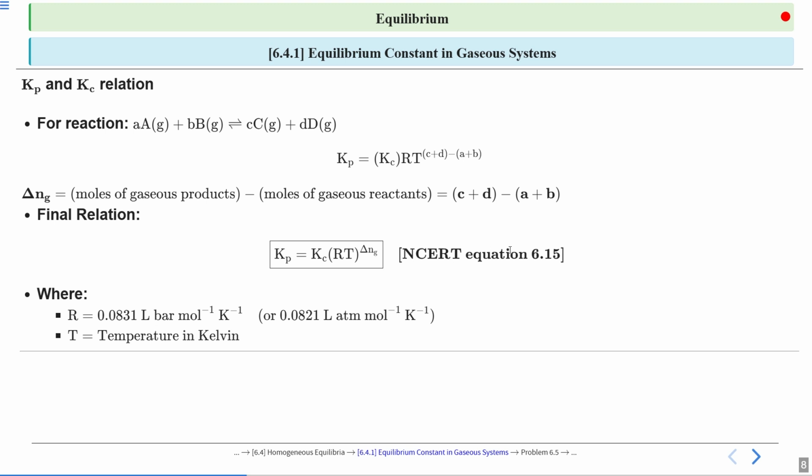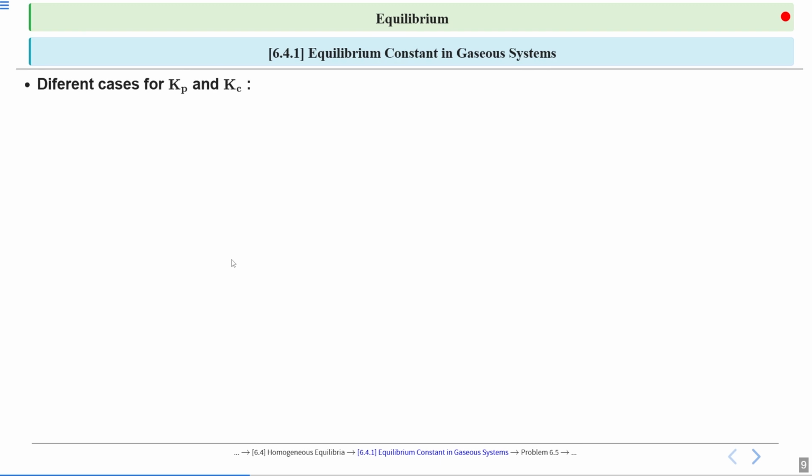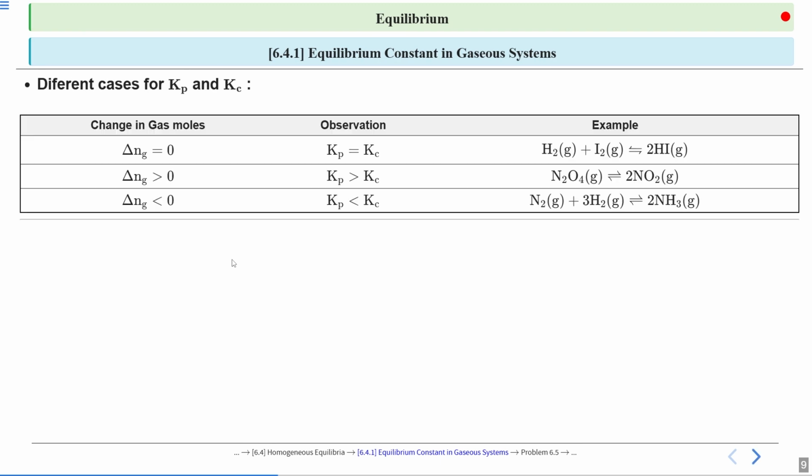This equation number 6.15 is from the NCERT, and it is very, very important. Here I have put up a table to represent the different cases of Kp and Kc, with corresponding examples. Suppose you find that Kp and Kc are equal, then what can be the case?